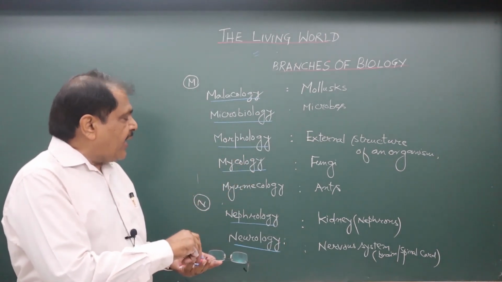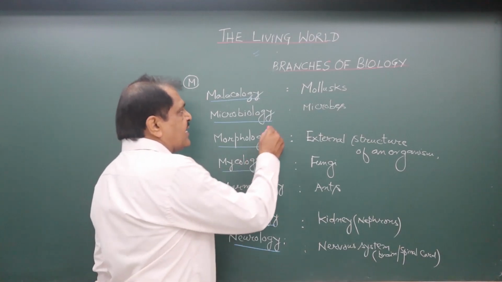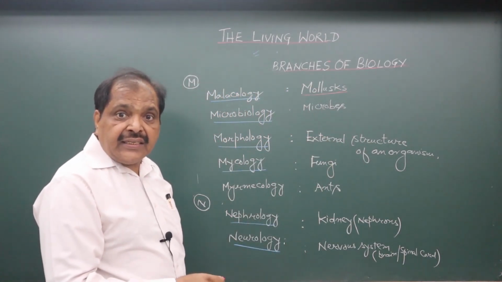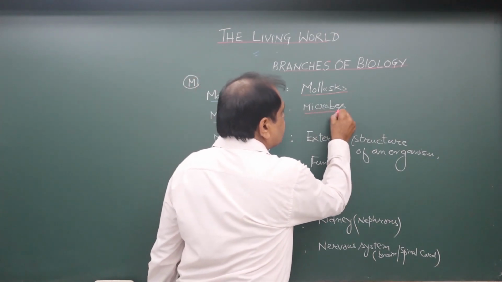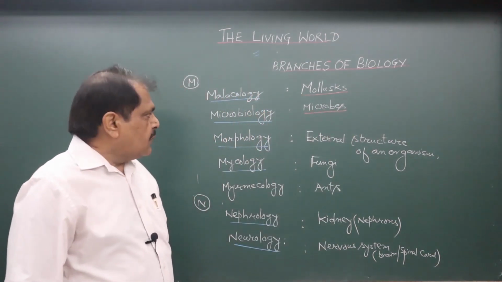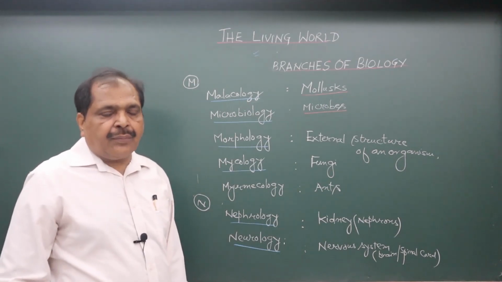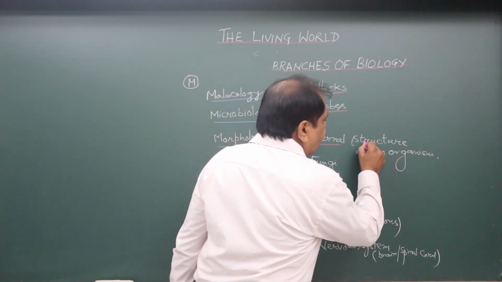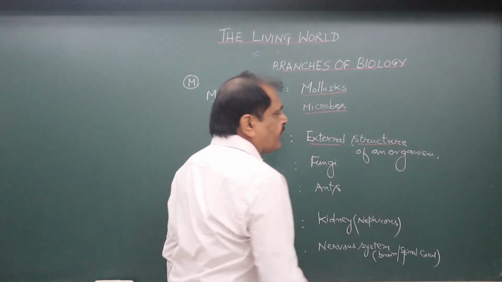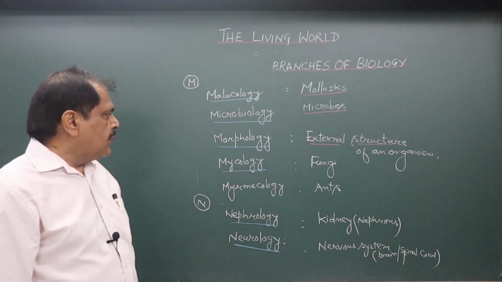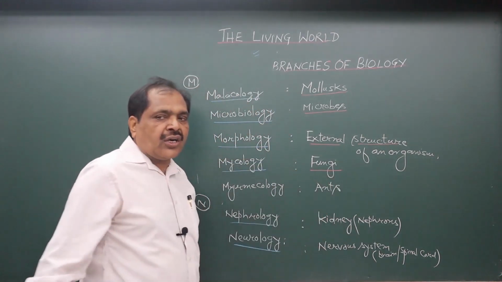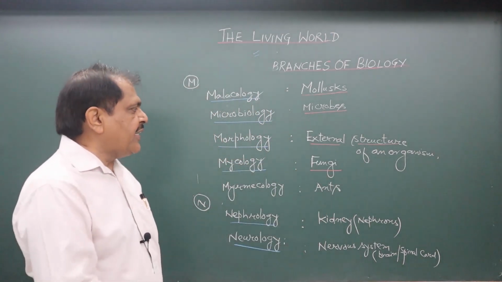Again, malacology, it is the study of mollusks. Microbiology, it is the study of microbes. Morphology or external morphology, it is the study of external structure of an organism. Mycology, it is the study of fungi.